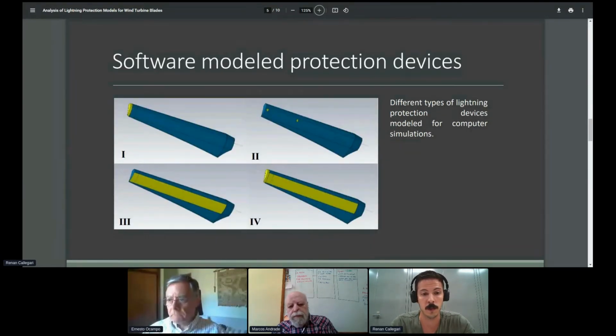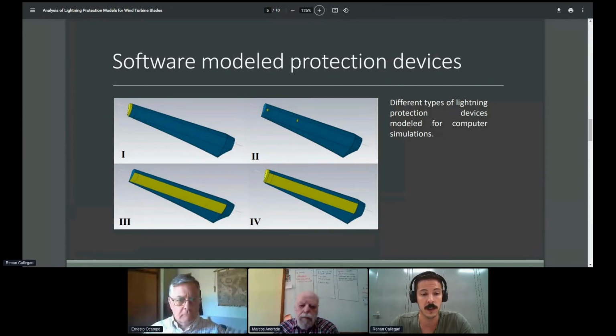In the software, we modeled 4 types of devices. Model 1 is a top receiver with a metallic extension on the top of the blade. Model 2 is a two-spot receiver with 2 metallic points located near the top and the center of the blade.